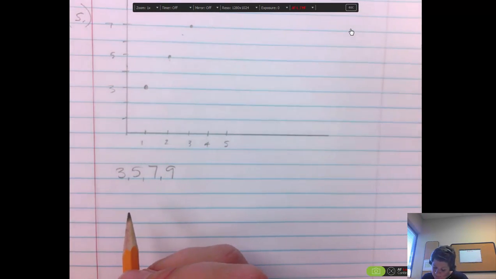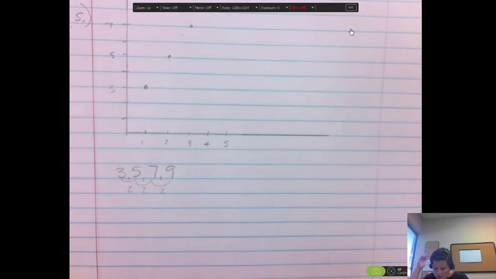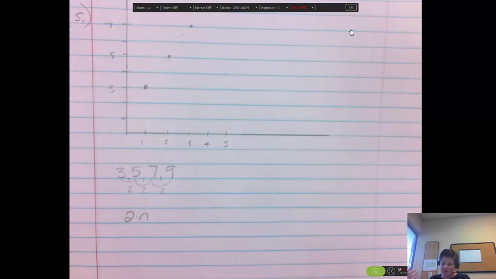So our pattern goes 3, 5, 7, 9. How many are we going up by each time when we are in this pattern? So we're going up by 2, right? You can see that pattern here. We're going up by 2s. And so we know we have to times the n by 2 because we're multiples of 2.